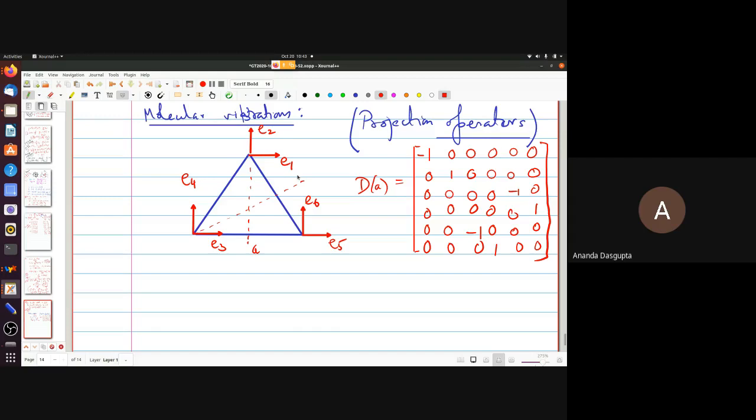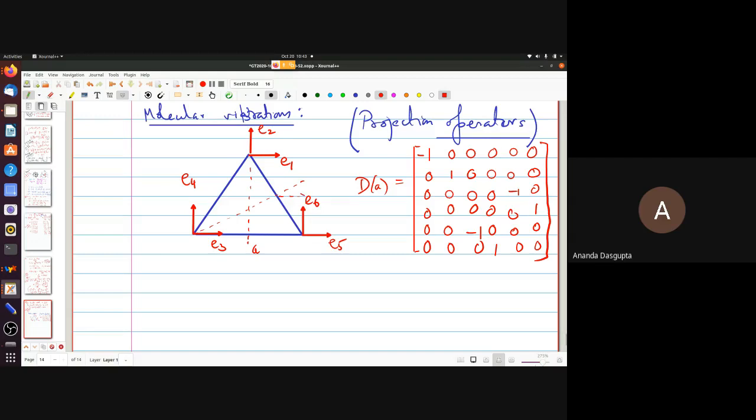After all, what will happen to E1 when you reflect? To understand it better, just imagine a vector parallel to E1 but going through this point.